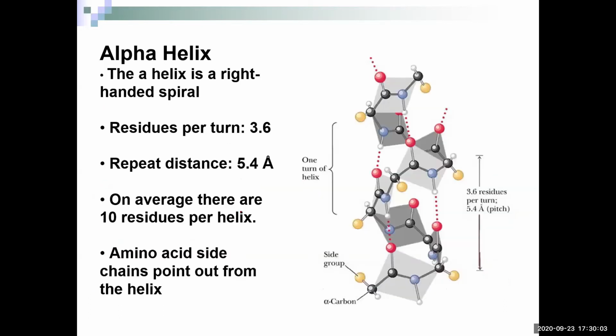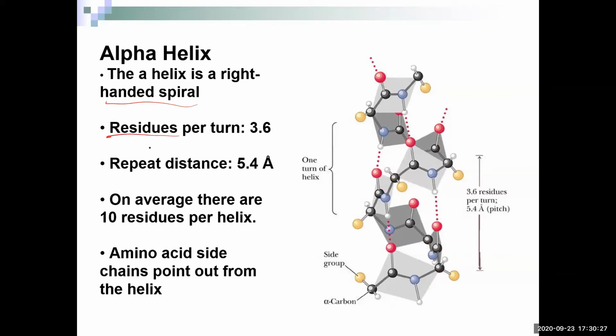The alpha helix is a right-handed spiral. When we say right-handed spiral, its turn is from the right. So, that's the right-handed spiral. Residues per turn is 3.6.